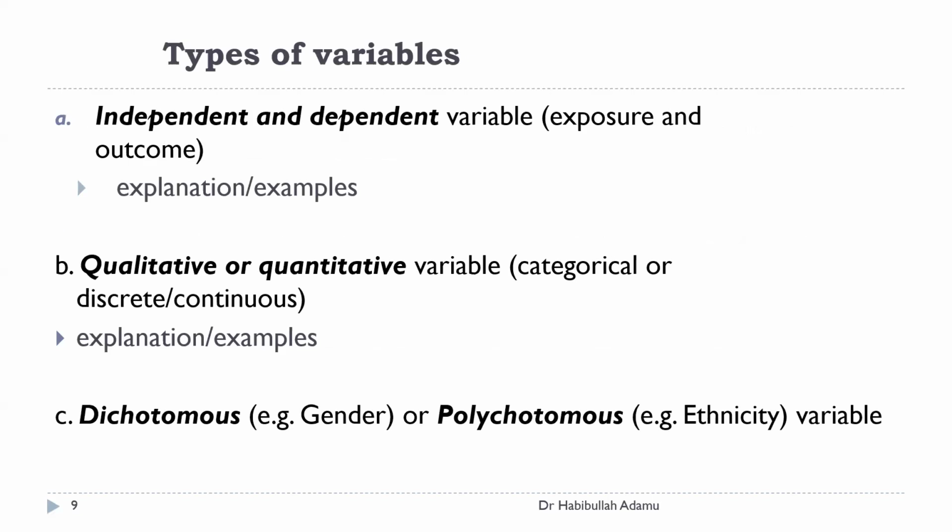Simply, it's any measurable characteristic that can assume any form. That is the basic definition of a variable. That means it is something that is measurable and something that varies.